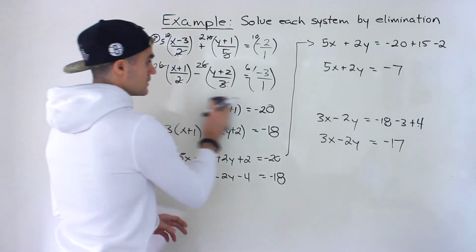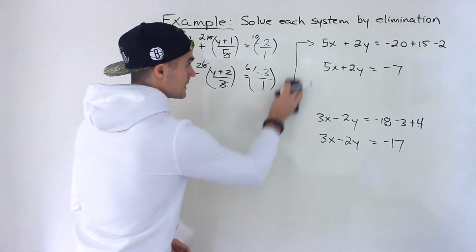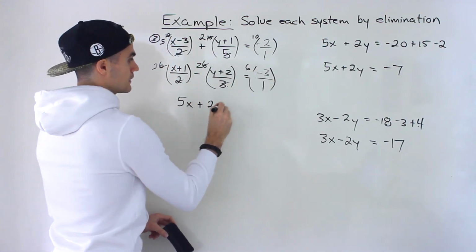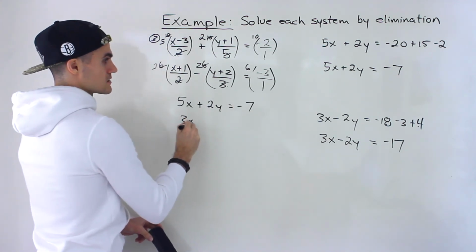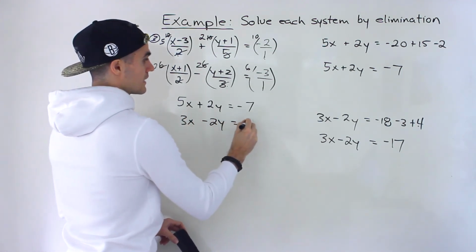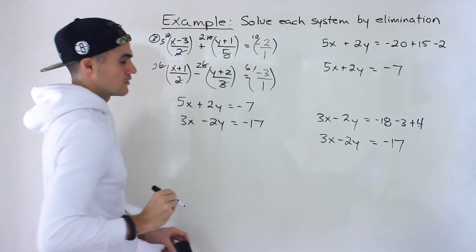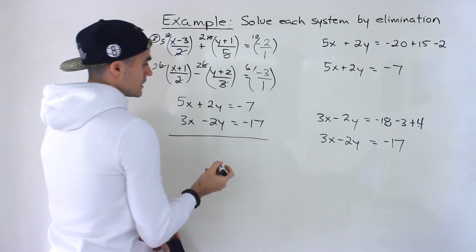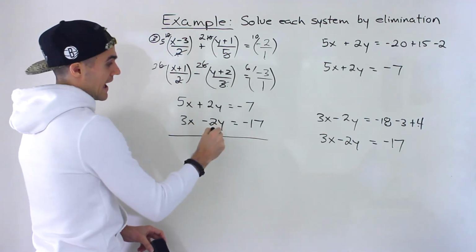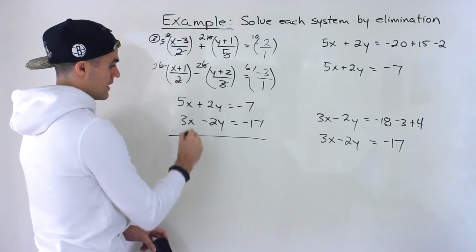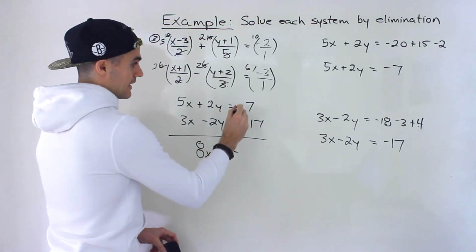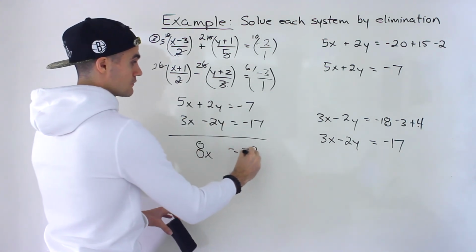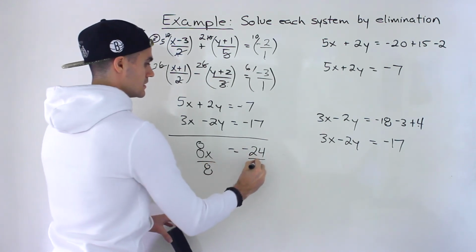And so now what we can do is make it 5x plus 2y is equal to negative 7, and then 3x minus 2y is equal to negative 17. And we just work the elimination on this, and actually it's nice. We have 2y and negative 2y, so we could just add these, right? 0, 8x, negative 7 plus negative 17 is like negative 7 minus 17, which would give us negative 24 divided by 8.